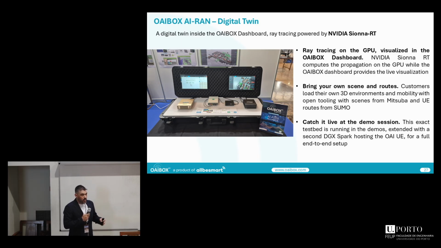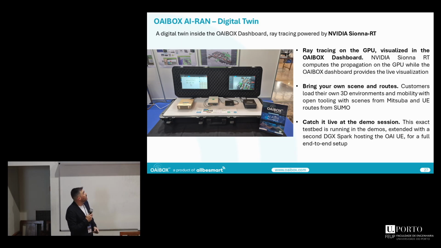We make it easier for users to build their own 3D scenes, even with known tools like Mitsuba, and define the UE routes with SUMO. This is something that you can see also in the live session demo.